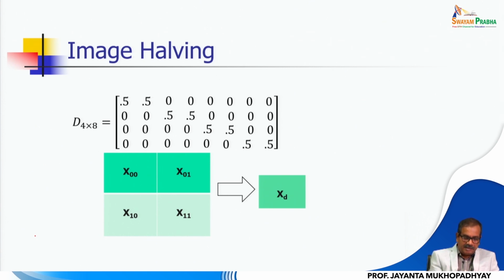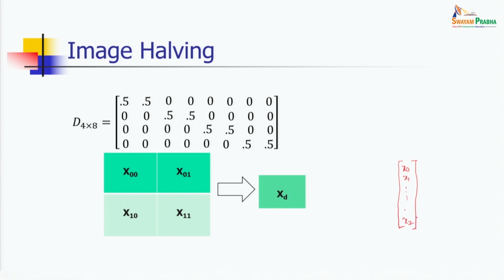Say this is a matrix of size 4 cross 8. Suppose I have a column vector, say x0, x1 to x7, and if I multiply this vector with this matrix D, 4 cross 8 matrix, what do you expect?